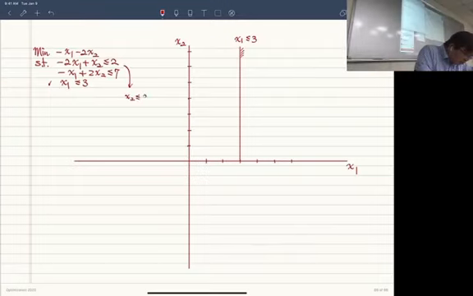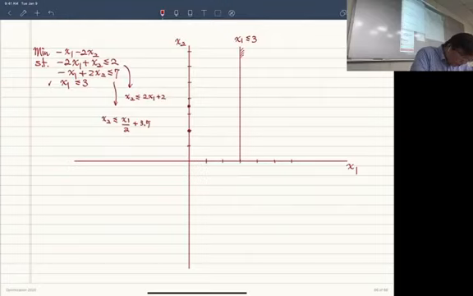X2 smaller than 2x1 plus 2. The other one, x2 smaller than x1 over 2 plus 3.5. So I should have a 2 here and 3.5 here. And the slope is 1/2.